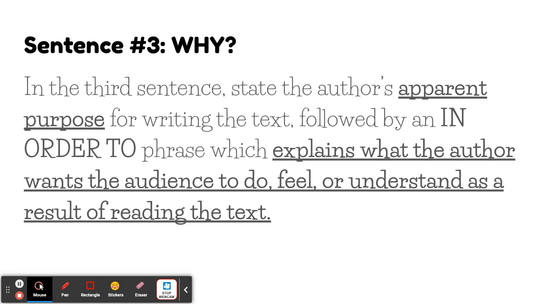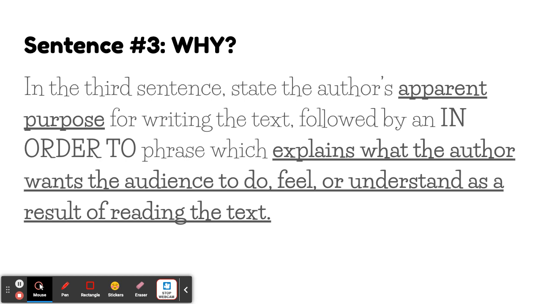Sentence number 3. Sentence number 3 talks about the author's purpose. Now, when we talk about the author's purpose, we talk about a 3-letter acronym, P-I-E, PIE. PIE stands for P, persuade, I, inform, and E, entertain.